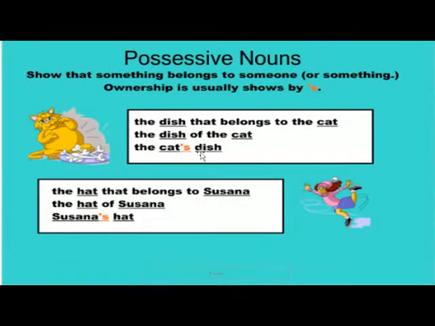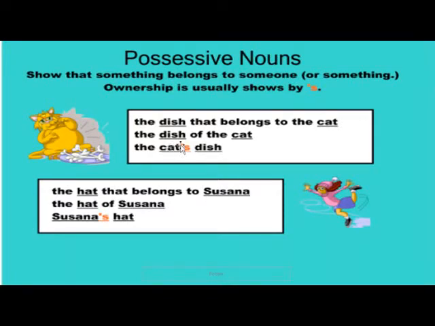Then the last one, when I want to use the apostrophe and the S, will be like this: the cat's dish. What did I do here? Here is the noun. It is singular, right? Cat means only one cat.